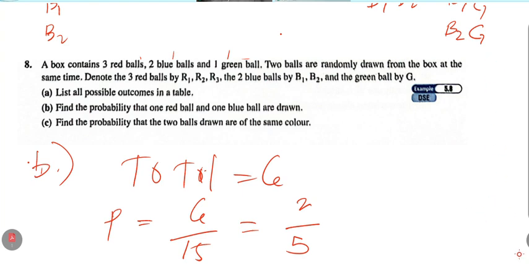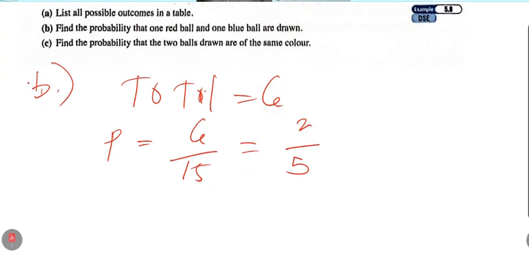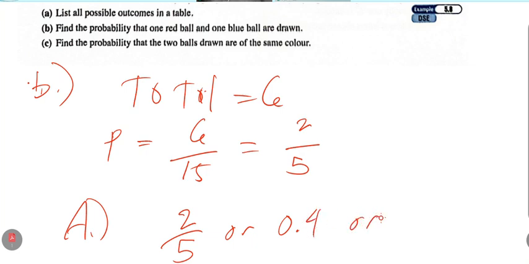So we have 2 over 5, which is 0.4, or 40%. Okay, so that's the answer for B.